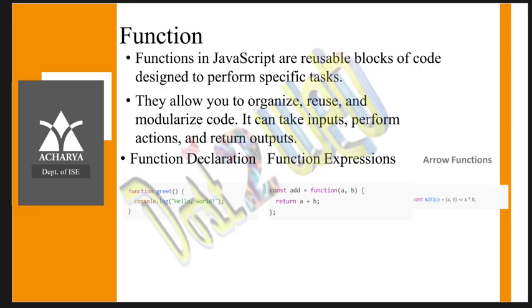Whenever you want to define a function in JavaScript, you use the keyword function. The function name can be anything you want. Then come the opening and closing brackets and the curly braces, inside which you define whatever statements you want to print. That is the function declaration.